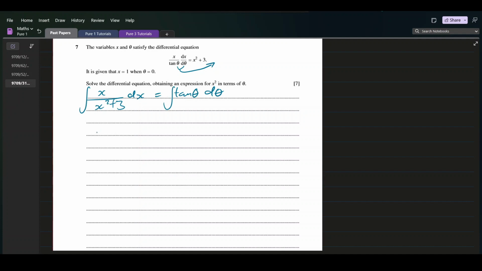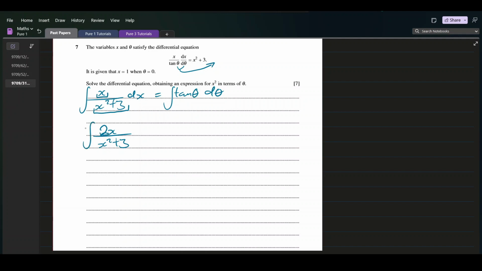So for the left hand side, we are going to use the method of recognition. If you differentiate the denominator x squared plus 3, you end up with 2x. So let's write our numerator as 2x, over x squared plus 3. Notice how our original numerator is x. The only difference here now is that we have a 2.